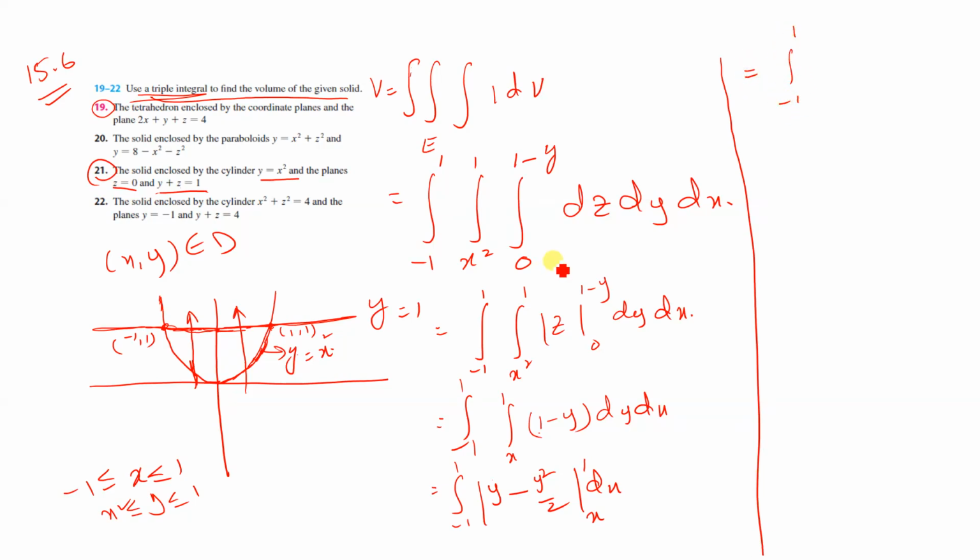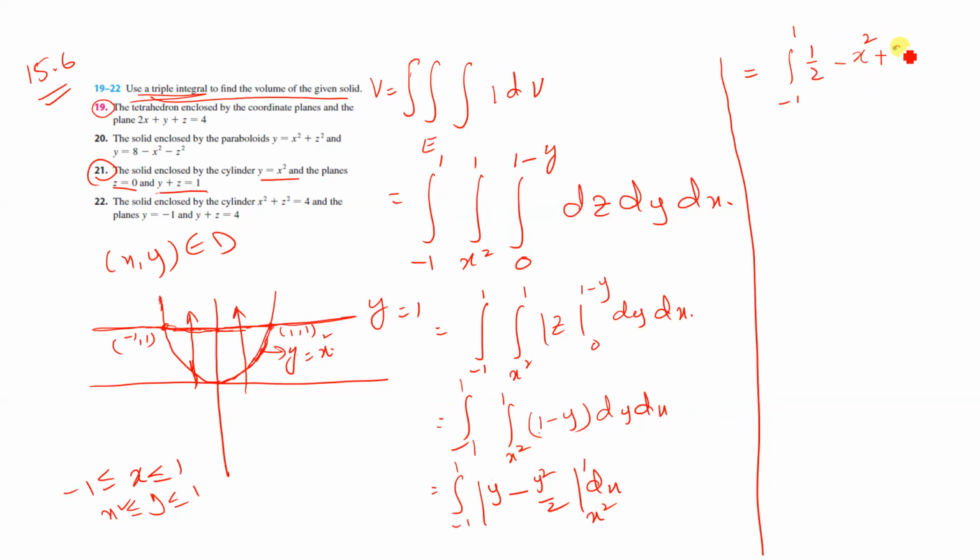So let's plug in the limits. When y is 1, 1 minus 1 over 2 gives us half, and when y is x square, this becomes minus x square plus x 4 divided by 2. Sorry, there it was x square here, I forgot.